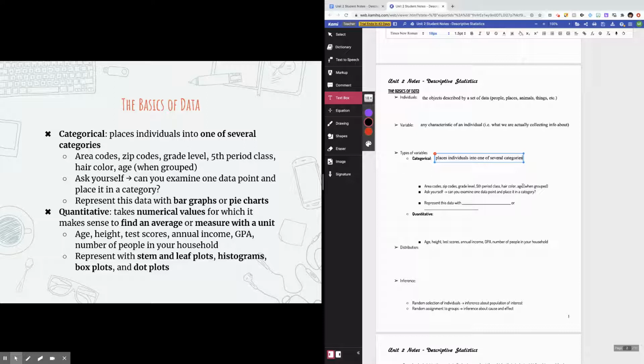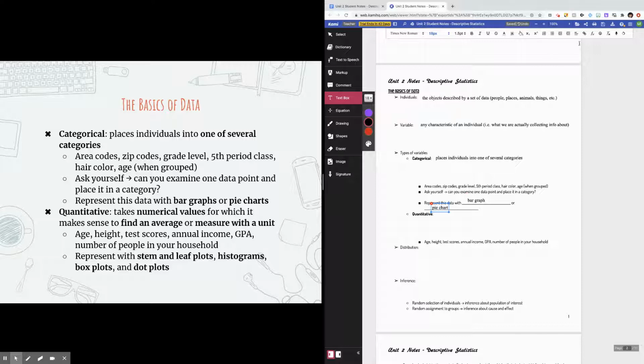You could do age when grouped, meaning children from ages 2 to 5, and then from ages 6 to 8, etc. Categorical data is always represented with either a bar graph or a pie chart.